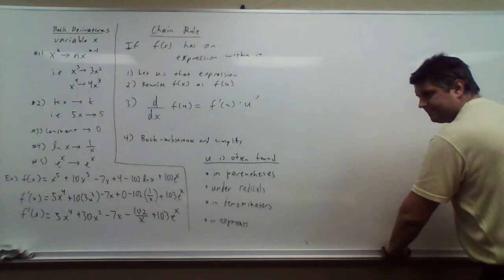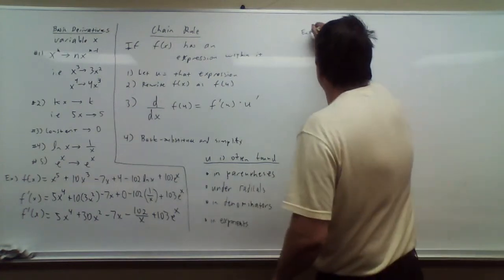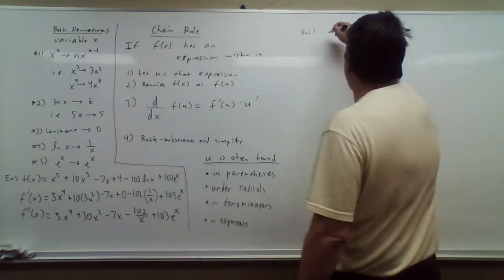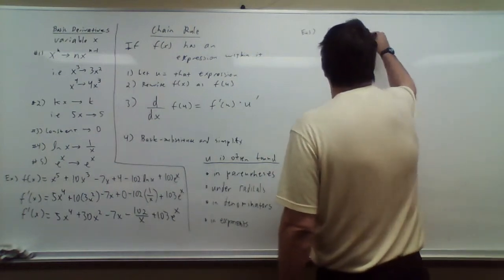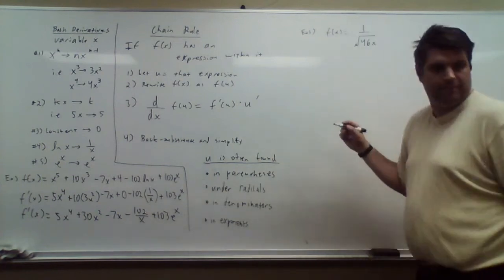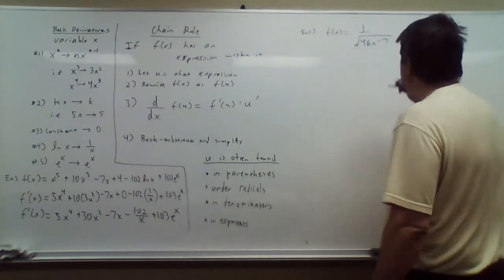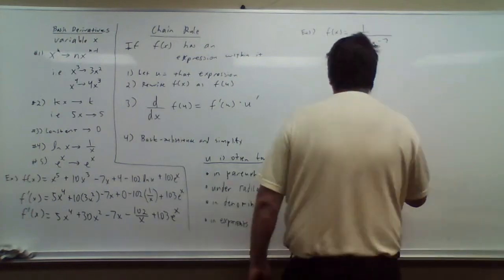All right. Example 3. F of x equals 1 over the square root of 46x minus 7. Okay. Here goes.